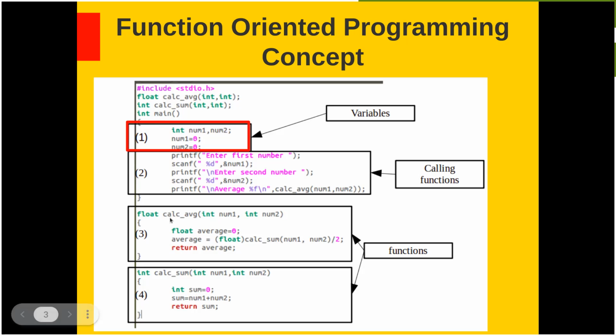There are two functions, calc avg and calc sum. Passing parameters here are int num1, num2. There are two variables passing, and they return the sum and average. These are functions. Here we call functions like this: calc avg, num1 and num2. This is the concept of function-oriented programming.